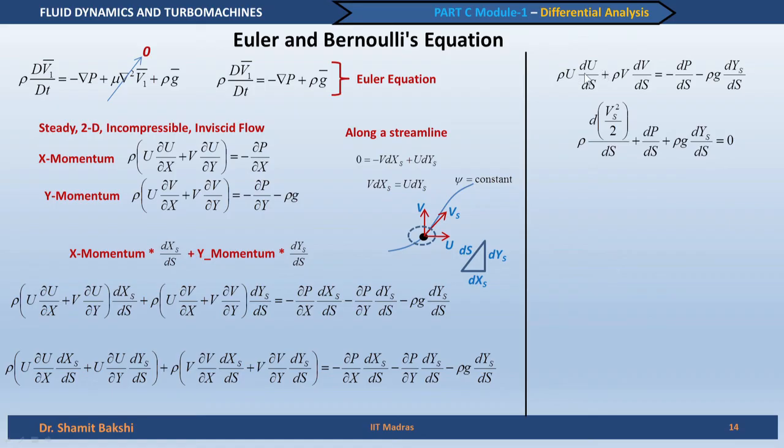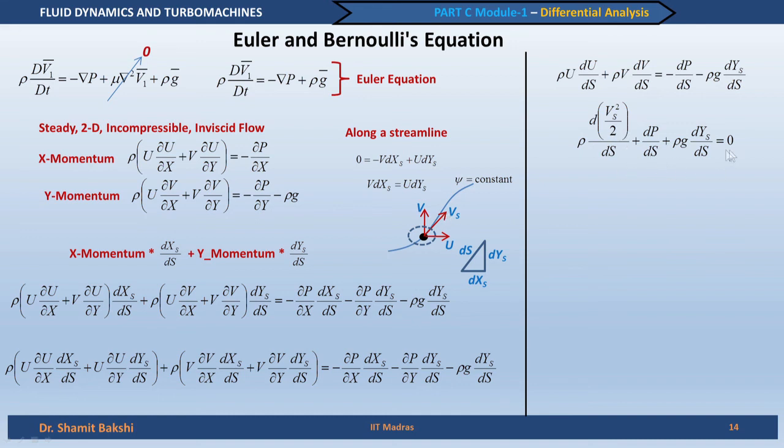If you club them, it is d of u square plus v square by 2. u square plus v square is basically V_s square. What is V_s? V_s is the velocity along the streamline. Along the perpendicular to the streamline there is no component of velocity, so this is basically the total velocity, the magnitude of the velocity vector.